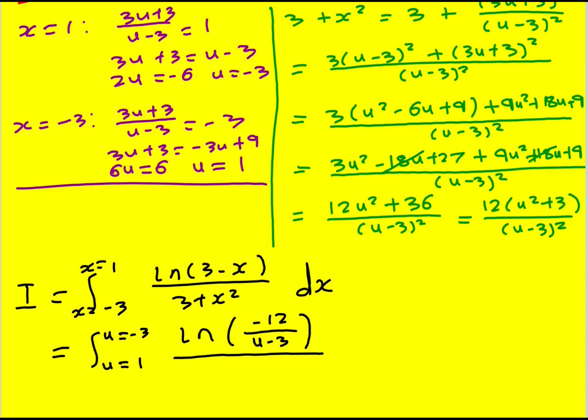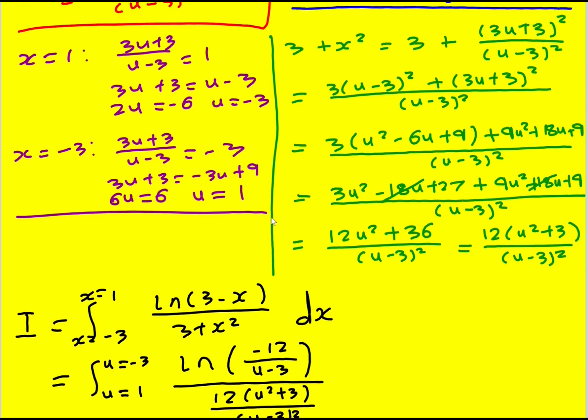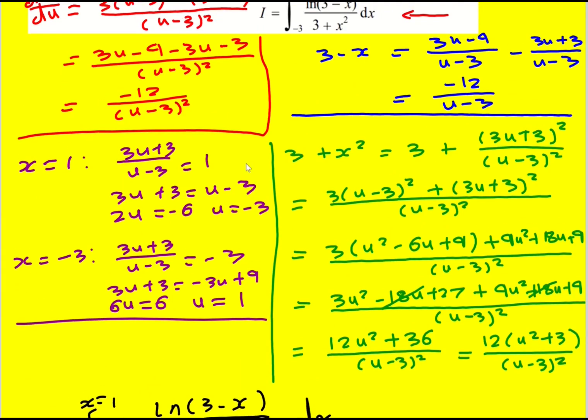All over 3 plus x squared, which I've figured out in green. 12 u squared plus 3 over u minus 3 squared. And then I can rewrite it as dx by du, or alternatively make dx the subject.